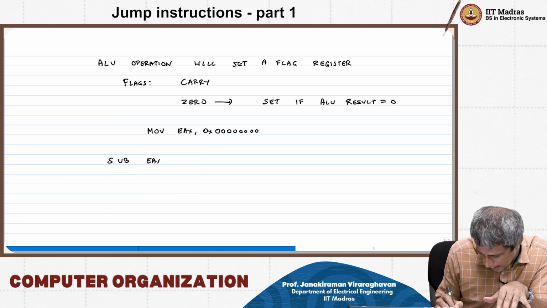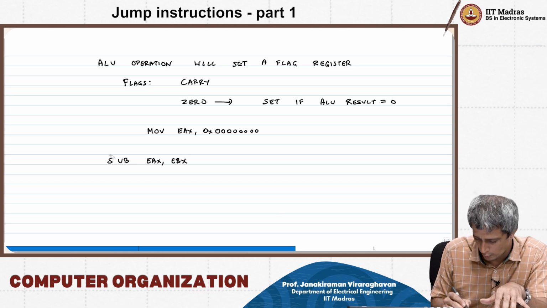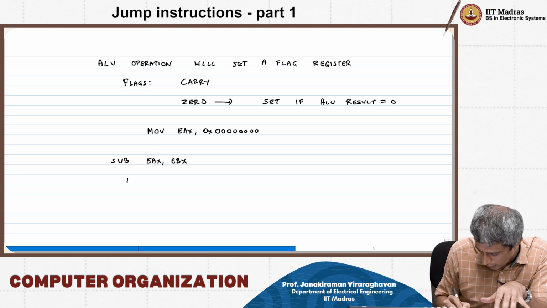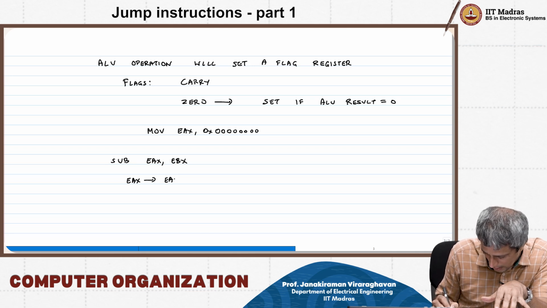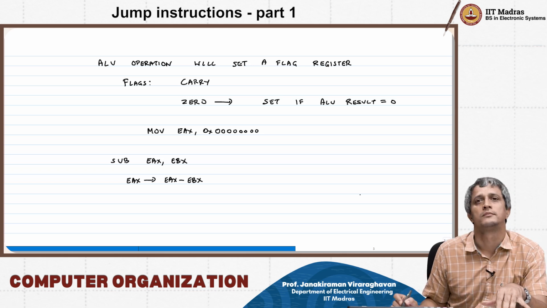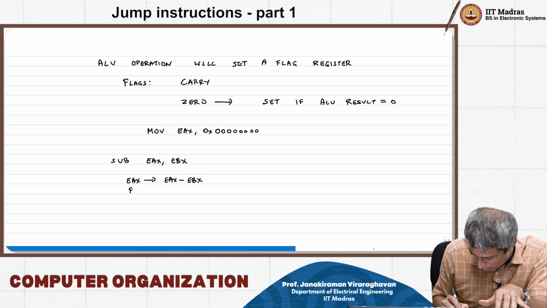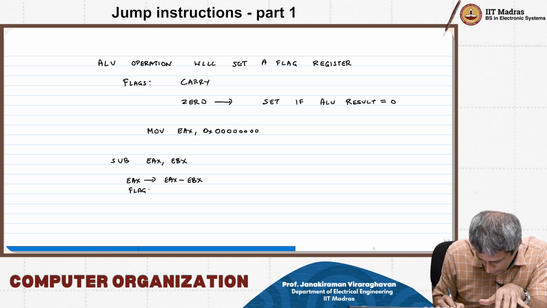Subtract EAX comma EBX will do: EAX will get replaced by EAX minus EBX, and appropriate flags will be set.